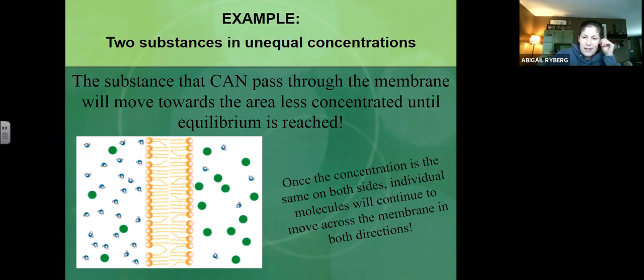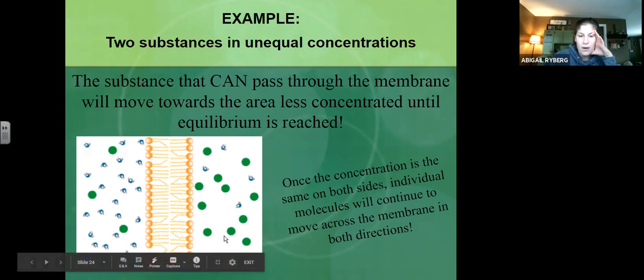Let's take a sec here because I think it's kind of important that if we look at the water molecules or the little blue molecules here, you can see that they're different than the green circles. So we look at the little blue water molecules. There is way more water on the left side of the membrane than over here.